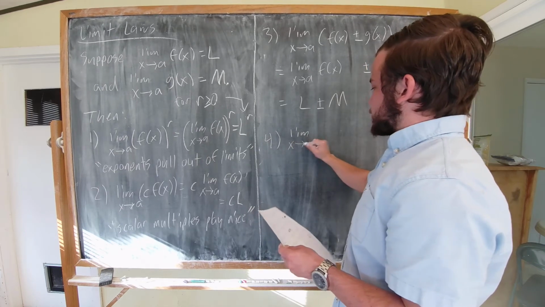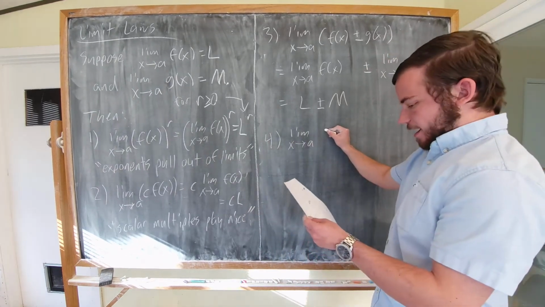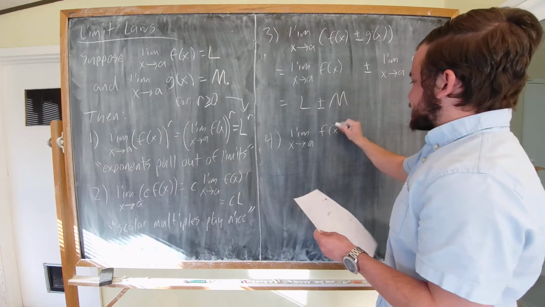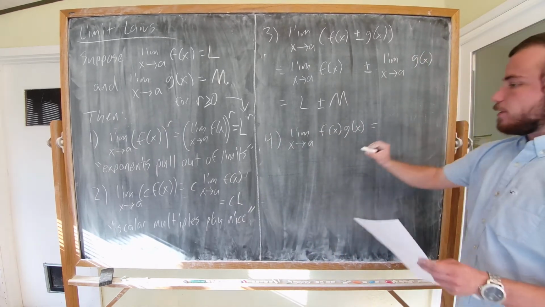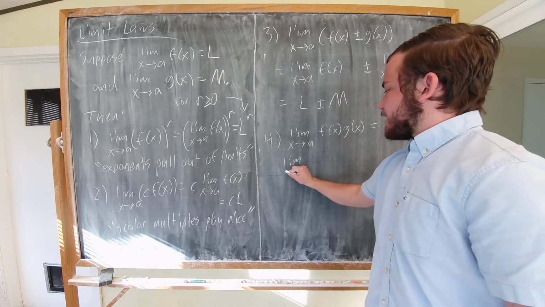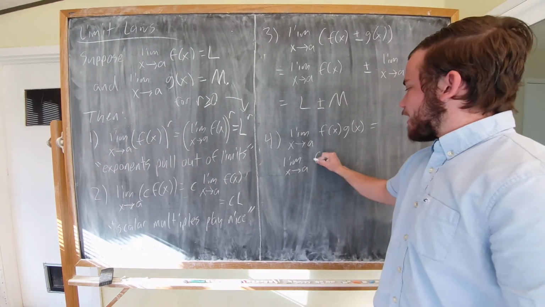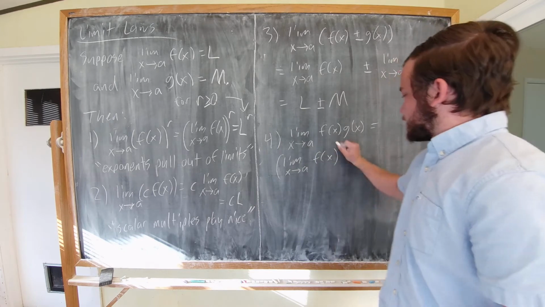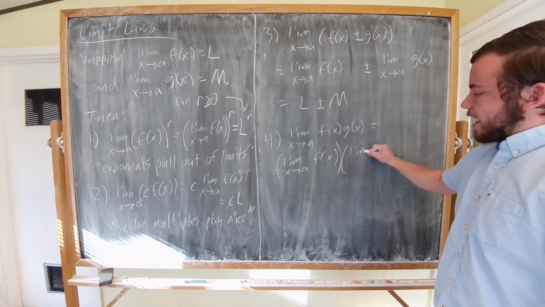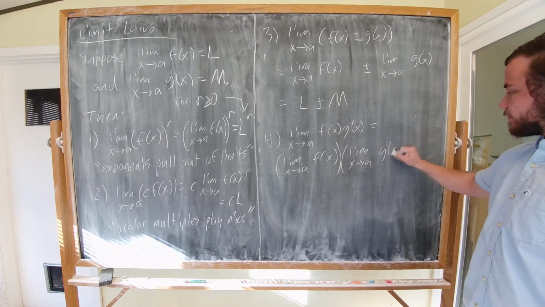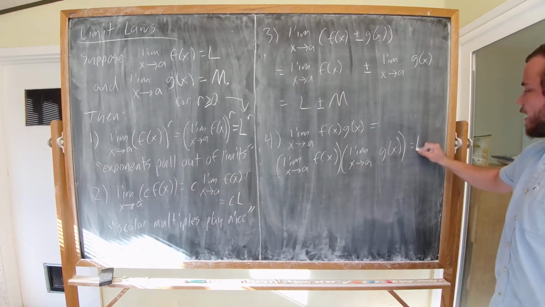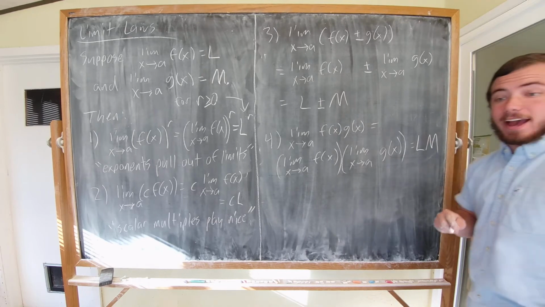Limit as x goes to a of f of x times g of x is equal to the limit as x goes to a of f of x times the limit as x goes to a of g of x, aka L times m.